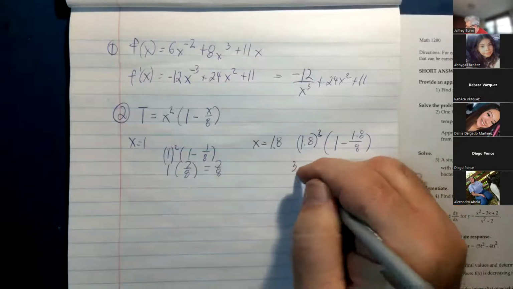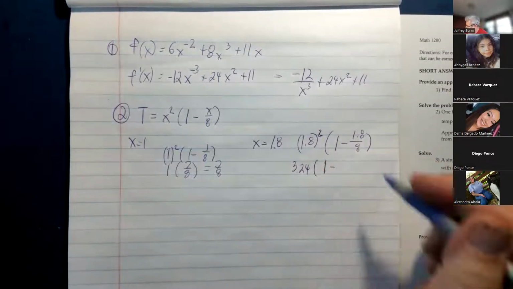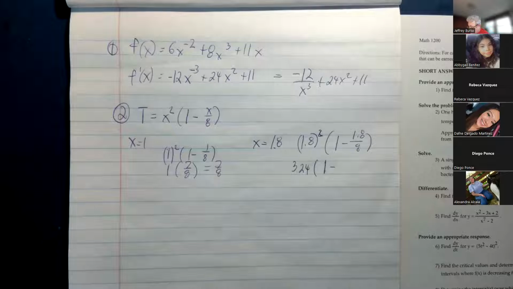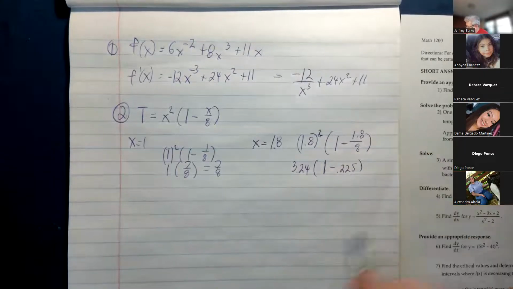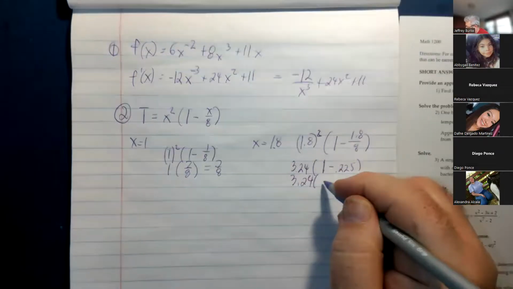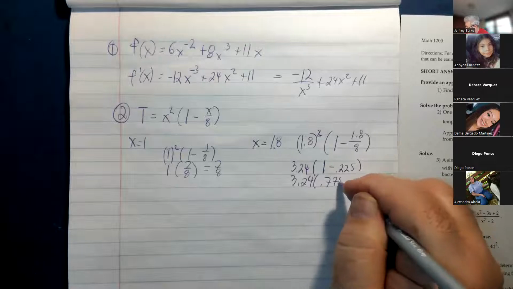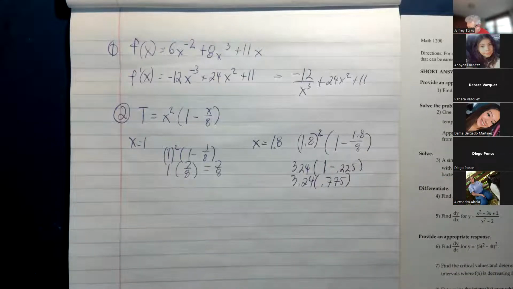So this part's going to be 3.24 times 1 minus, let's see, 1.8 divided by 8. That's going to be 1 minus 0.225. So this is going to be 3.24 times 0.775. I multiply that together.